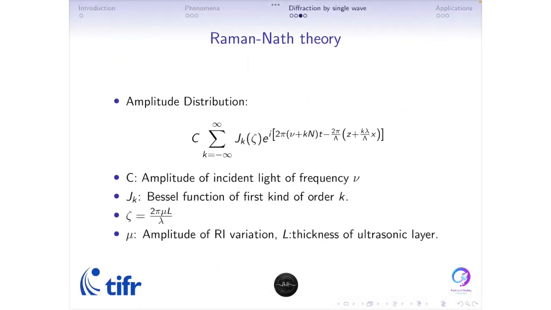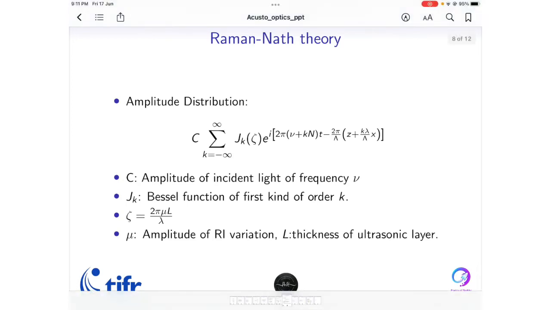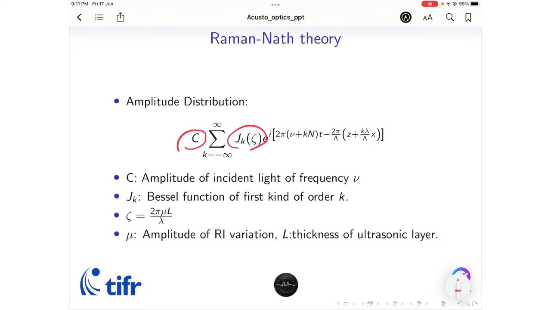And now let's look at the Raman-Nath theory. In the Raman-Nath theory, after the diffraction, the amplitude distribution is like this. It is actually a lengthy equation. This C is the amplitude of incident light, and this Jk is the Bessel function, and there will be a long argument in the exponential term.